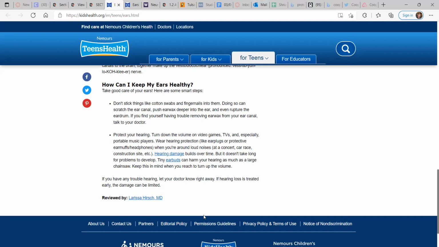If you go to a lot of concerts or you like cars, if you work on loud machinery, say in a manufacturing plant or construction site, hearing damage builds over time. It doesn't take long for problems to develop, and tiny earbuds can even harm your hearing as much as a large chainsaw because the source of sound is right in your ear.